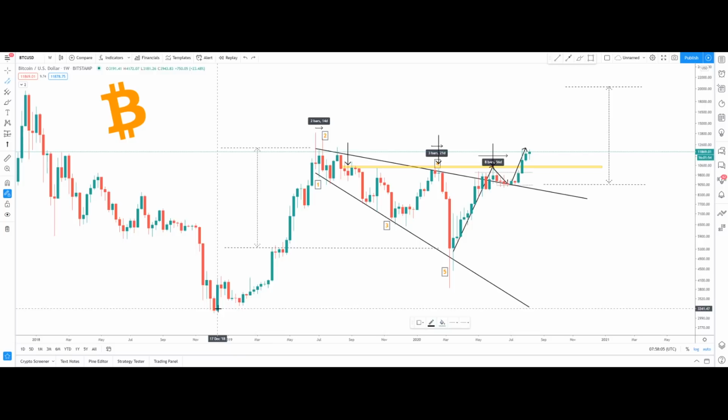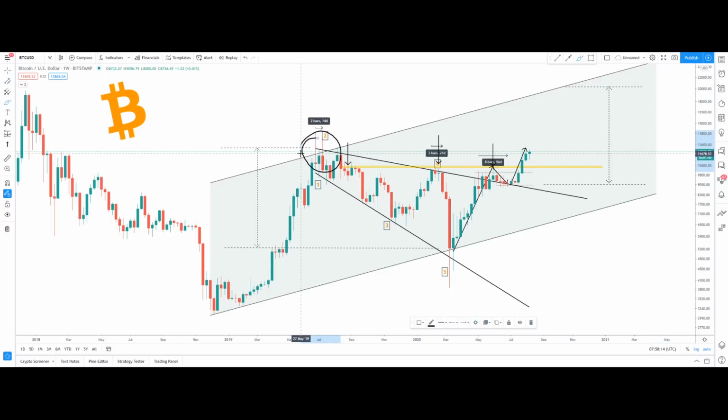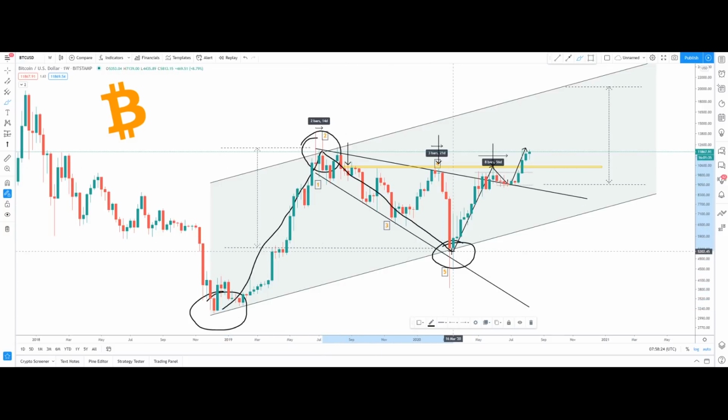If we also look at this scenario with the help of this ascending channel, guys, you can see that price, after reaching the upper line of the ascending channel, has found a rejection, and after reaching the lower line area, we have always found a strong support. And you can see here, price headed to the upside, found rejection, came back to test the lower line area, and we found a strong support.